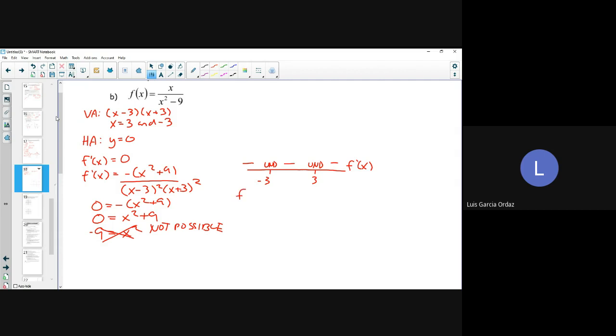Which means that f of x is decreasing from negative infinity to negative 3, in union with negative 3 to 3, in union with 3 to positive infinity. f of x never increases in this case, which means there is no maximum or no minimum.